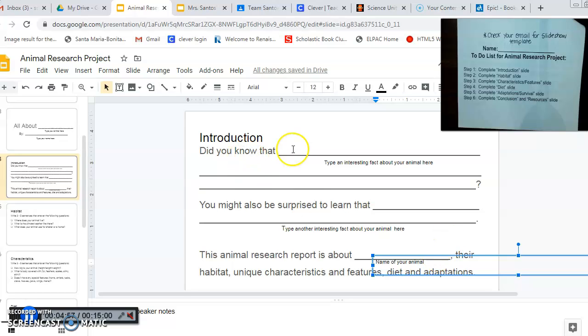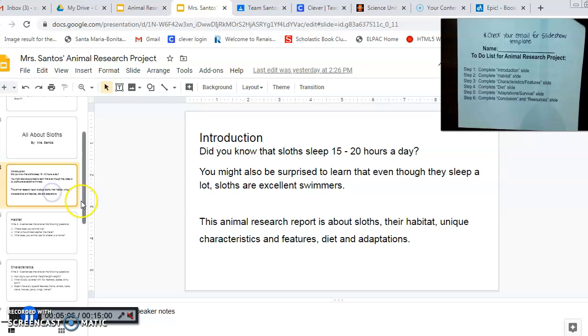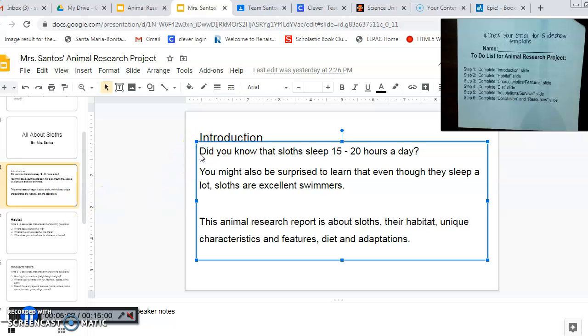So like I said, go find that information, type it in where you see the blank lines, and then erase those blank lines. Here's what mine look like. Did you know that? I left those words there. Sloths sleep 15 to 20 hours a day. I did not know that, right? You might also be surprised to learn that even though they sleep a lot, sloths are excellent swimmers.